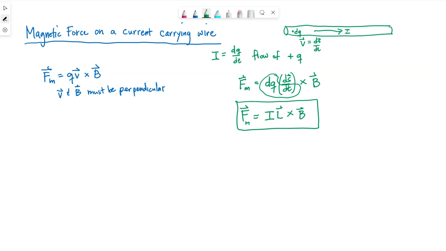So our equation for the magnetic force on a current carrying wire looks like this. Now we do draw the vector above the L, but the direction is determined by the direction of I. So the direction of L is the direction of the current. So in this particular example above, we would say L points to the right.